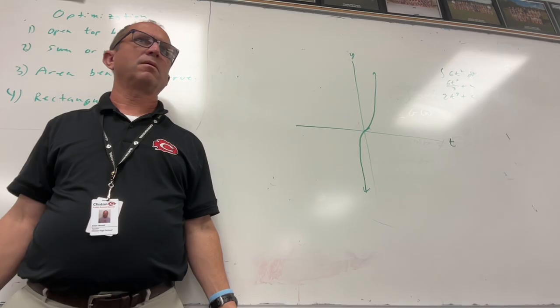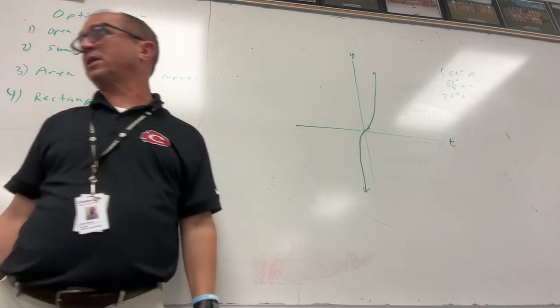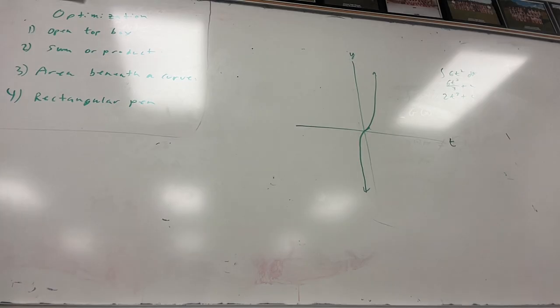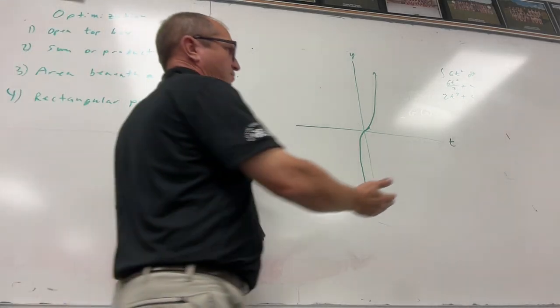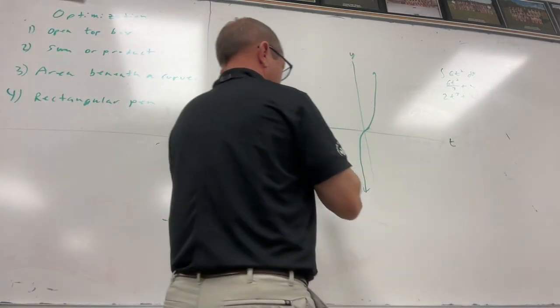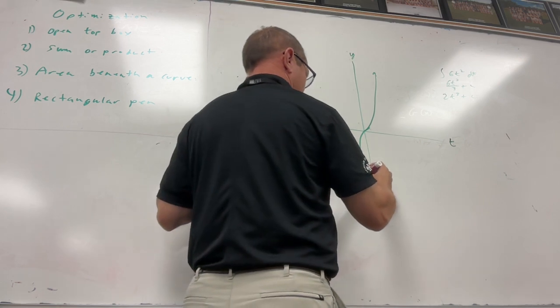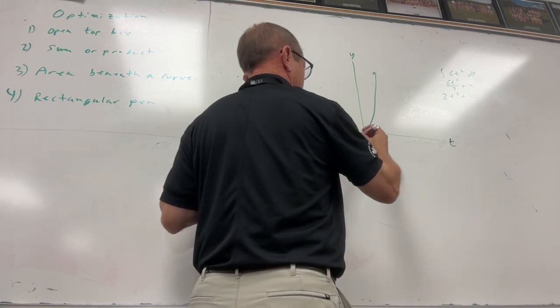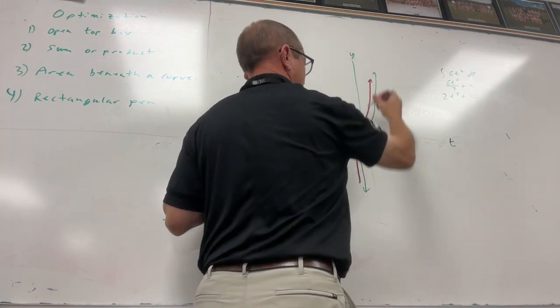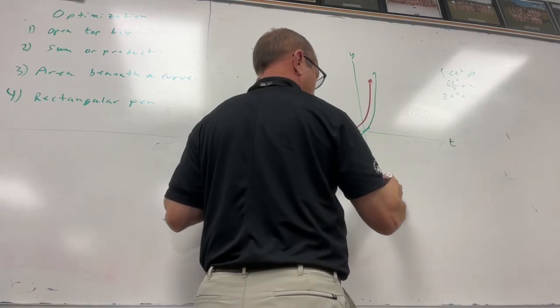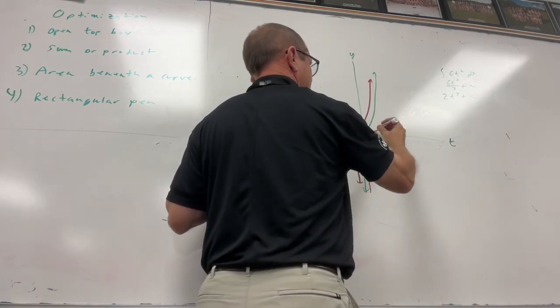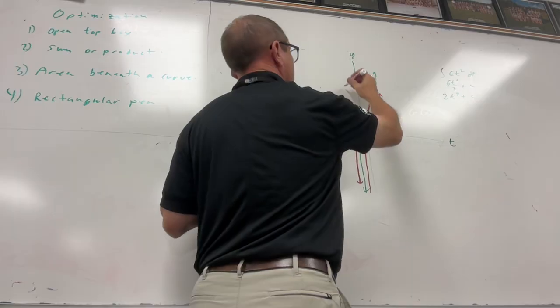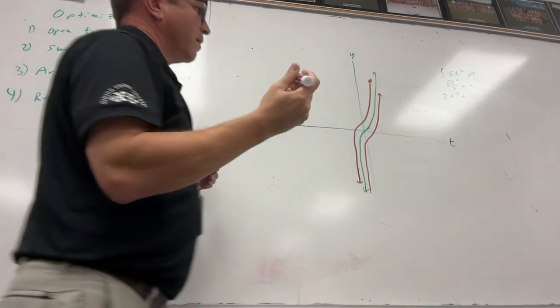It'll translate it up. Or down, right? Depending on what c value is. So this is going to be a vertical shift here. So I could have this. I could have this. So forth.